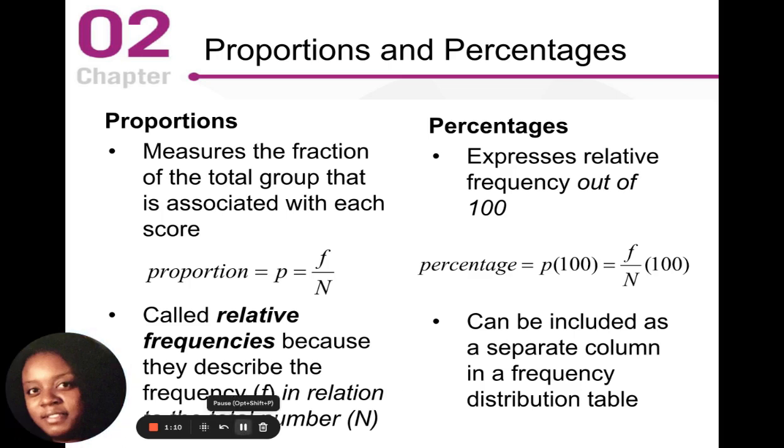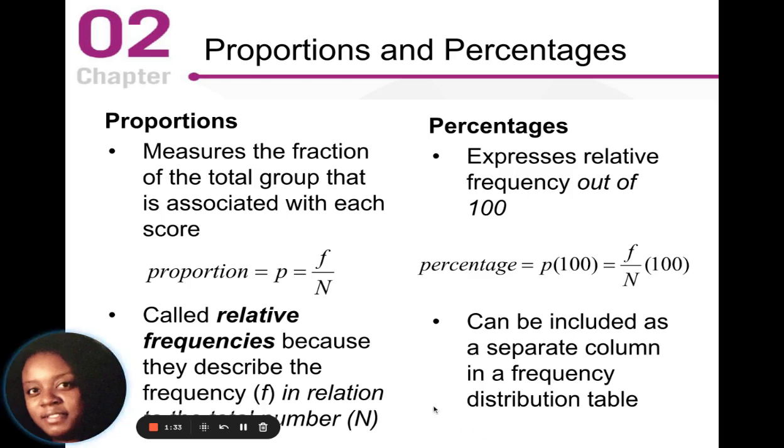A proportion measures the fraction of the total group that is associated with each score. So the proportion would be p equals f over N. It's often called a relative frequency because it describes the frequency in relation to the other numbers.